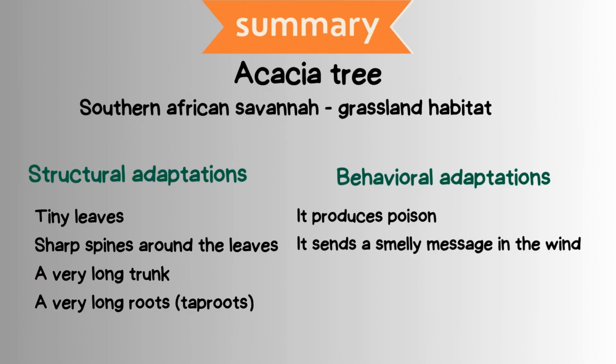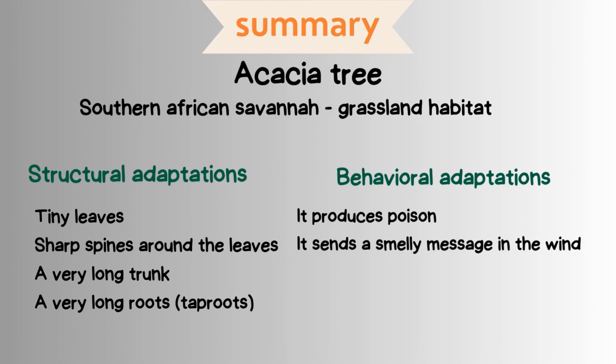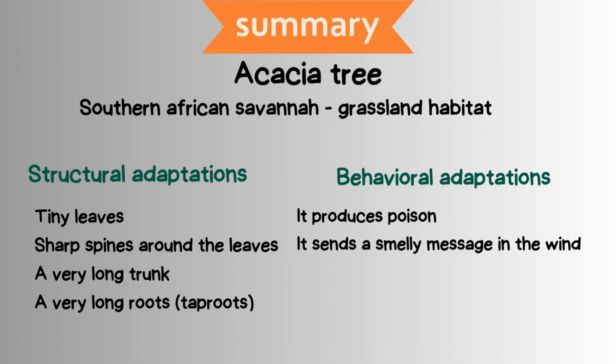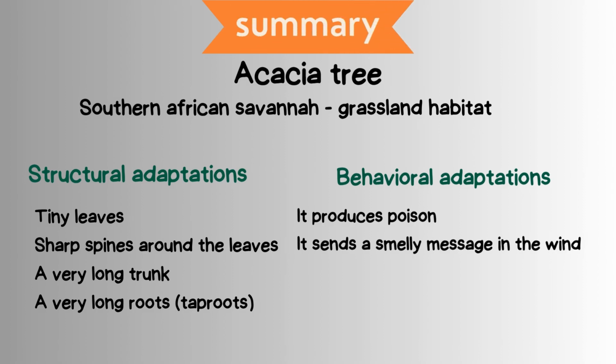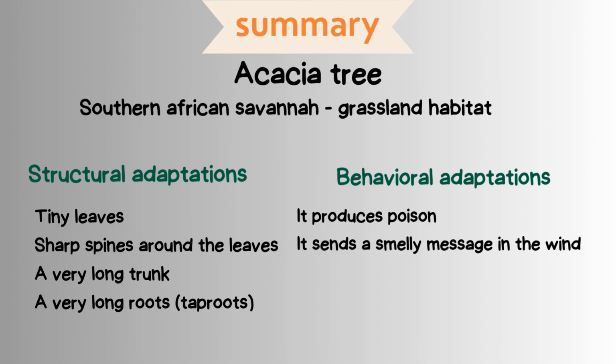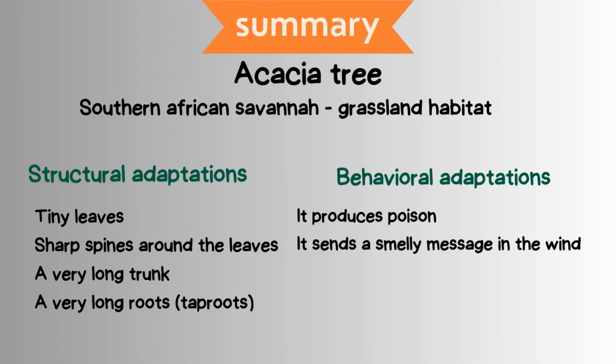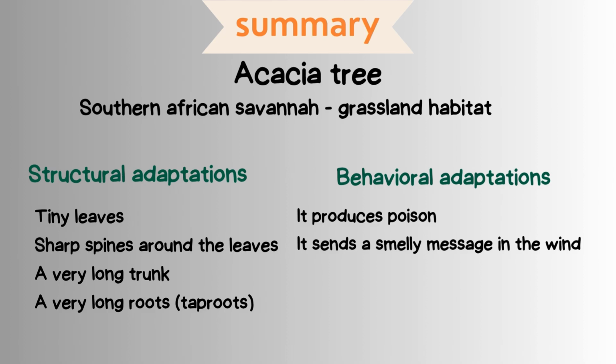So what we said about the acacia tree, it is found in the southern African savanna, and this is a grassland habitat. It is characterized by extreme lack of water, as it has drought conditions, okay? And the acacia tree has some structural adaptations. They have tiny leaves, sharp spines around the leaves, a very long trunk, and very long roots, which are tap roots.